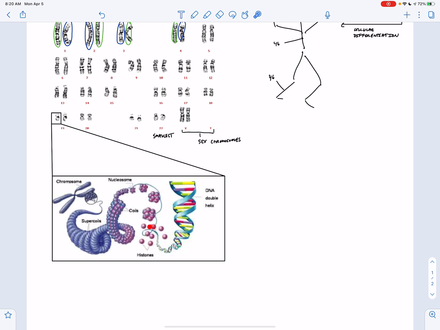So it's coiled around the histones into a structure called the nucleosome. The nucleosome is a combination of histones and DNA wrapped around it. This itself is coiled, and then you get supercoils of those coils, and that's all also coiled up to form a chromosome.